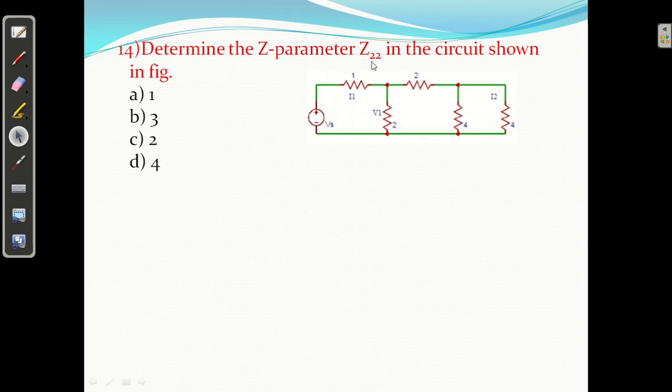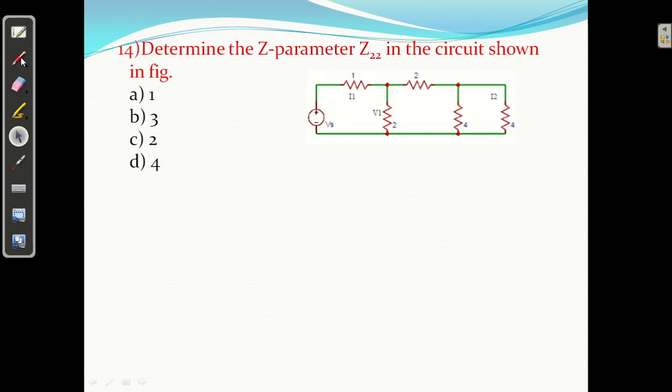Determine the Z parameter Z22 in the circuit shown in figure.